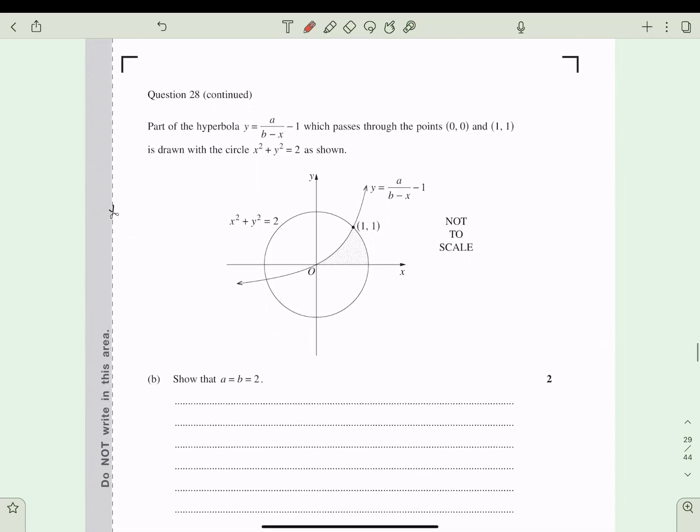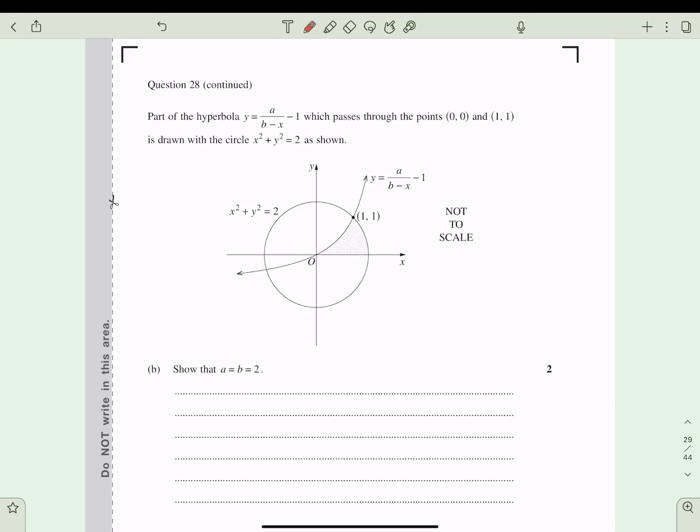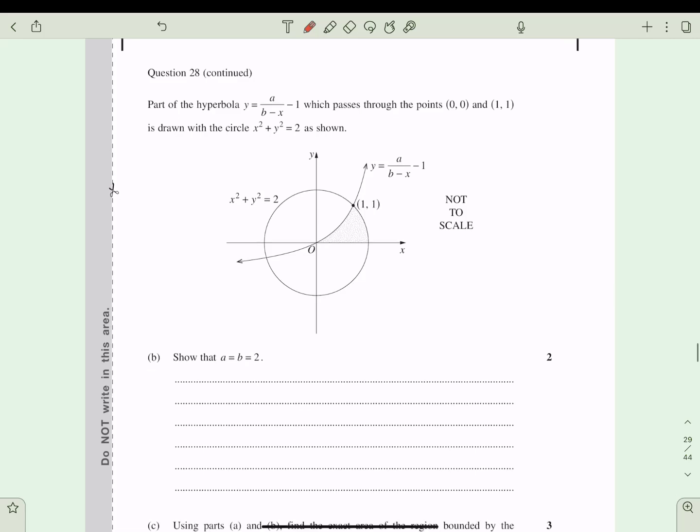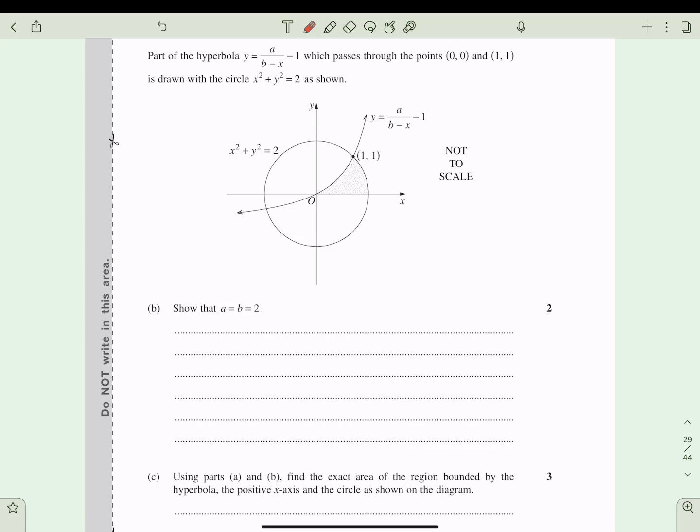Moving on. Part B. Part of the hyperbola which passes through the points (0, 0) and (1, 1) is drawn with the circle as shown. Now we are asked to show that a equals b equals 2. First of all, we should notice that when x equals 0, y is also equal to 0.